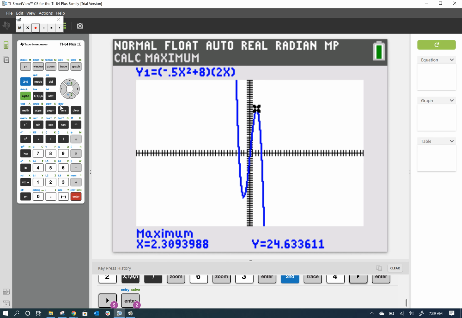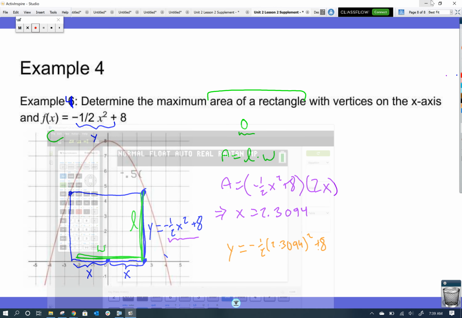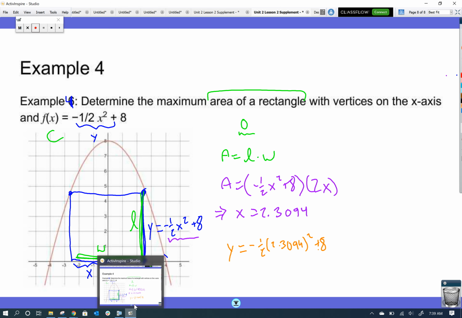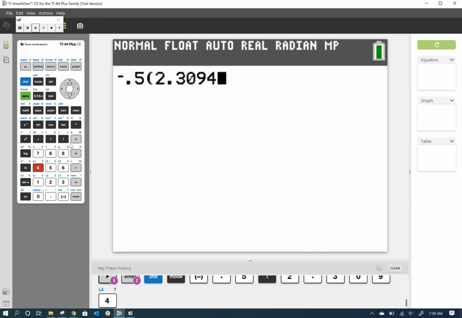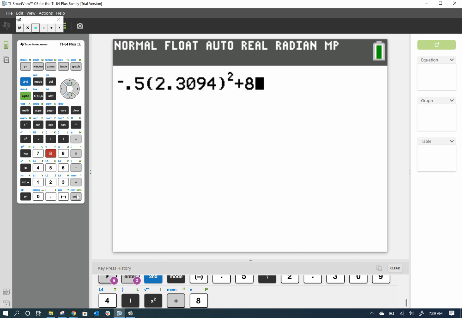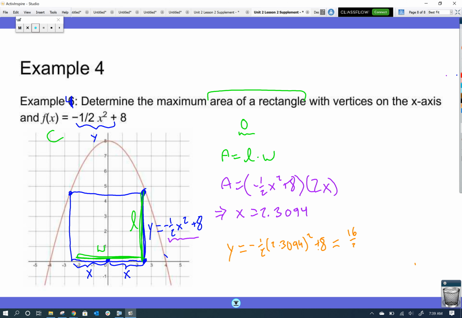Negative 0.5 times 2.3094 squared plus 8. All right, that's 16 thirds, 5.333 repeated. Very cool. So y equals 16 thirds.